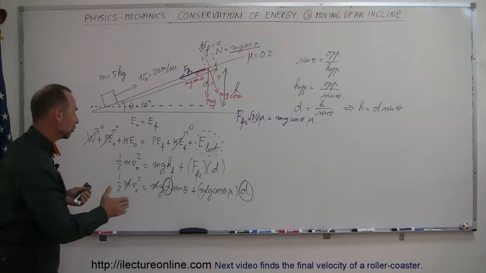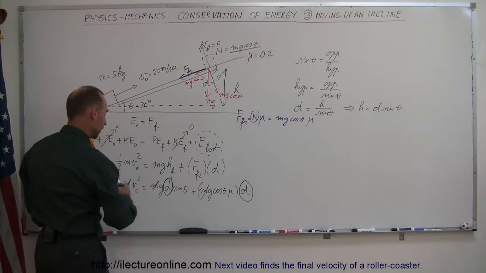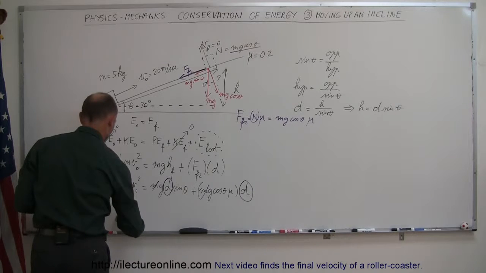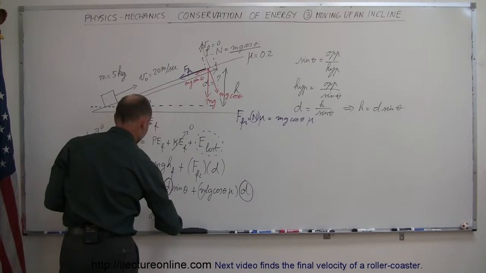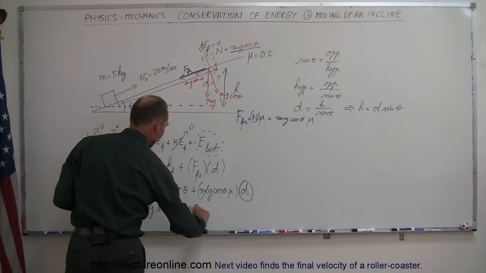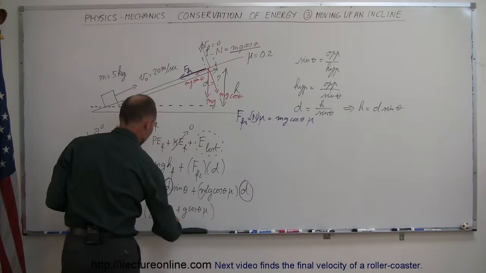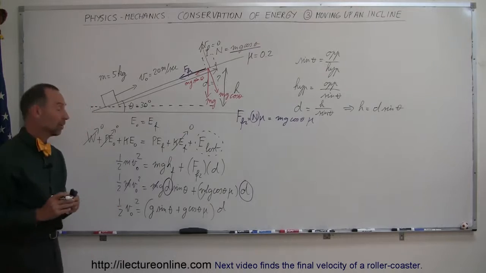So the best way to do that is to factor out the d and then divide both sides by what's left. So we have 1/2 v initial squared is equal to g sine theta plus g cosine theta mu, and the whole thing multiplied times d. So what I'm doing here on the right side is factoring out the d.